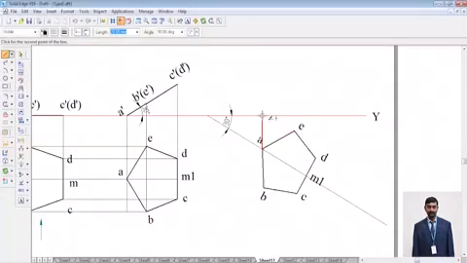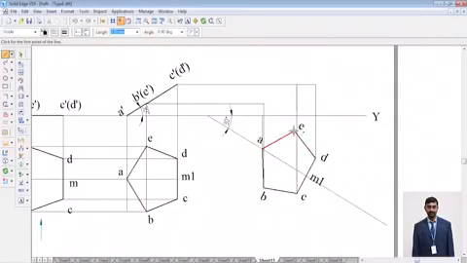It is ending on the XY line. Next, B. Next, C. And D are on the same projection lines.